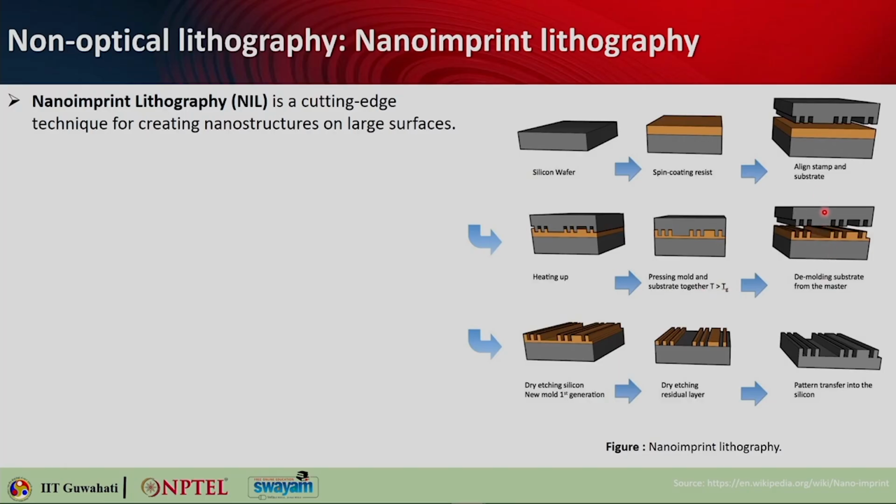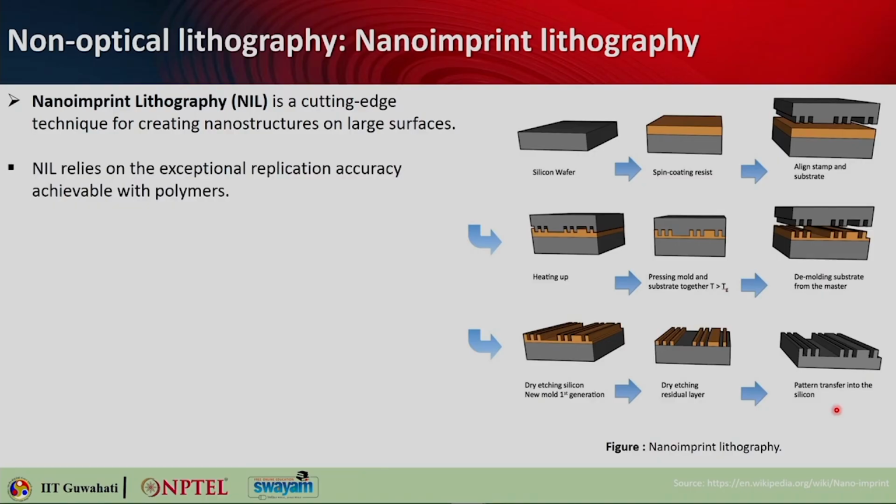So, you remove it, then you do dry etching, and that gives you a new mold, first generation. This is the dry etching of the residual layer, and then the final etching will transfer the material. So, when you do dry etching, you finally get this particular pattern transferred onto the silicon.